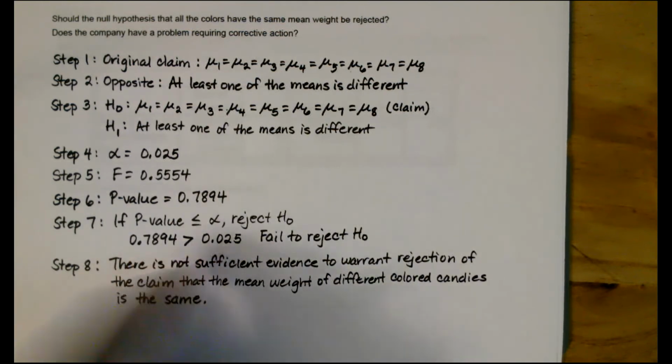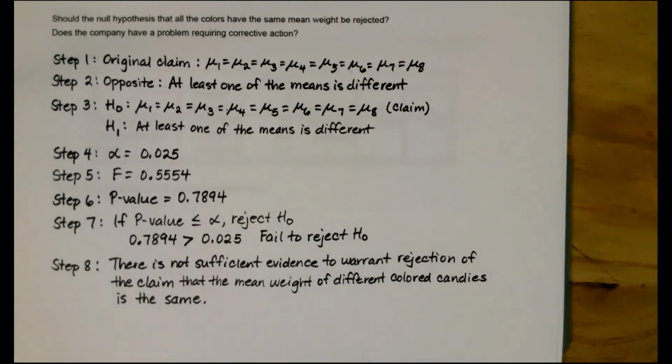That means we fail to reject the null hypothesis. And does the company have a problem requiring corrective action? The answer there will be no, because in this case, it's not likely that the candies do not have equal mean weights.